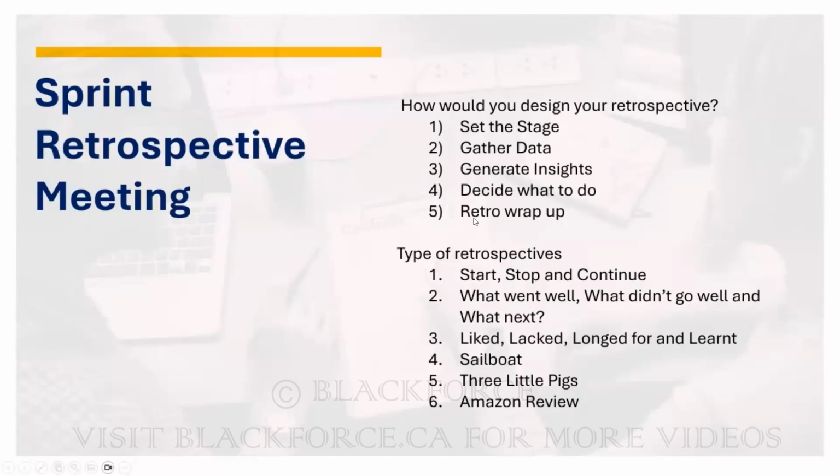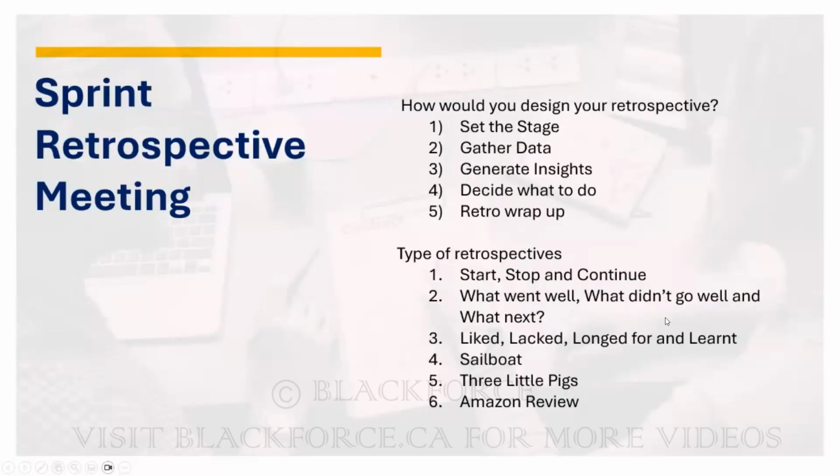Now, the type of retrospective that you want to use to gather data, you have different types. You have the start, stop, and continue, what went well, what didn't go well, and what next. You can use the liked, lacked, longed for, learned, right? What are the things you liked during the sprint? What are the things you wish we could have? What are the things you learned, right?